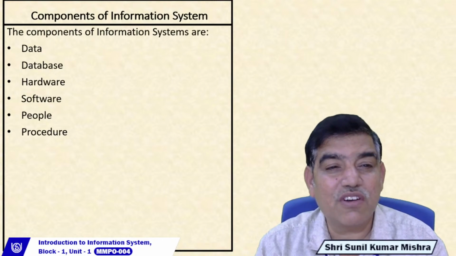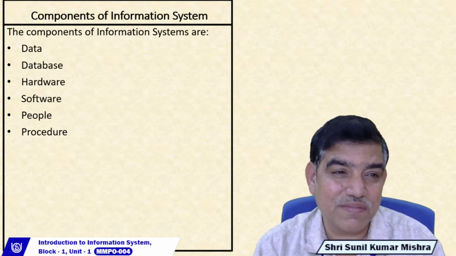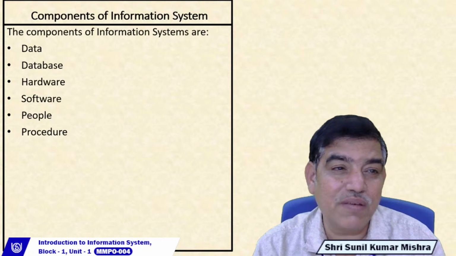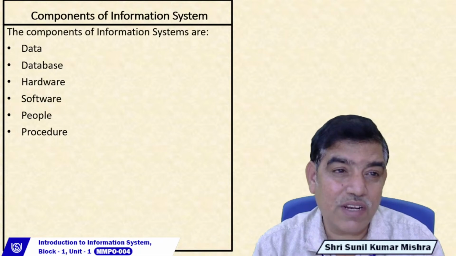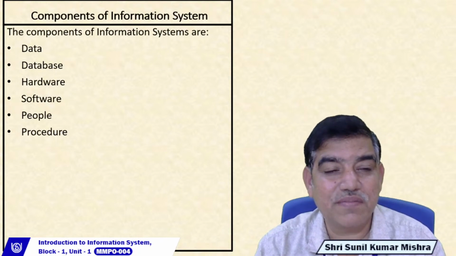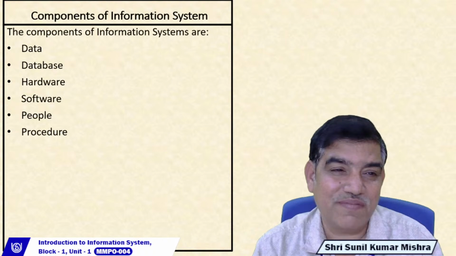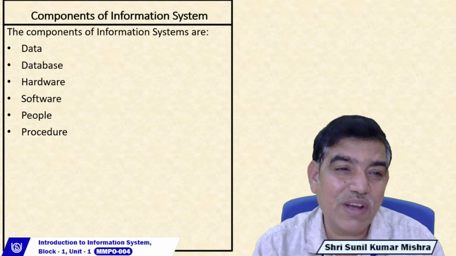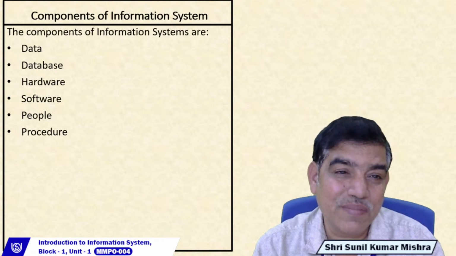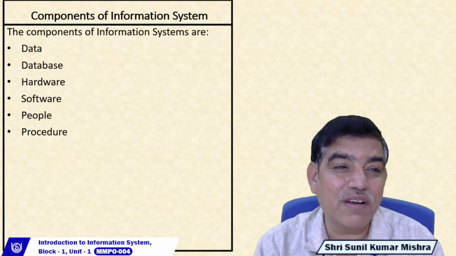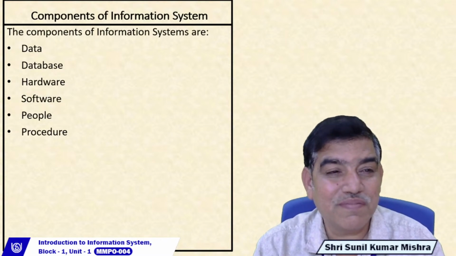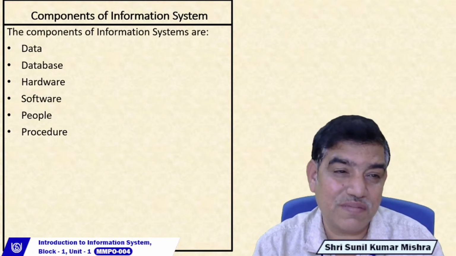Data means the raw facts and figures, which give meaningful information after processing. Whatever data we collect, we process, and it is required to store permanently, because data is required for the future. The processed data means information is required for the future in the decision making process.